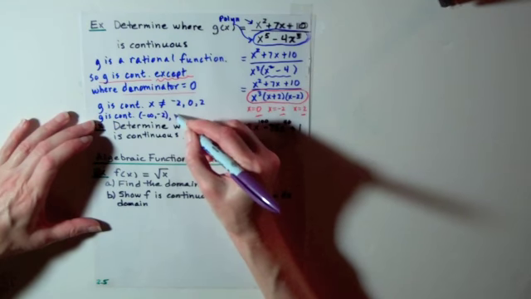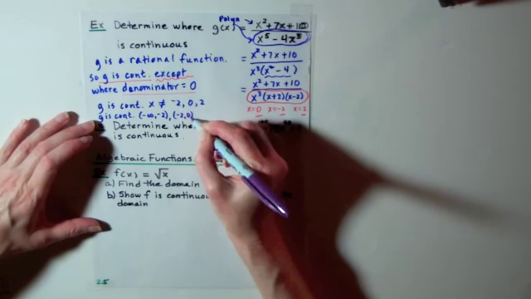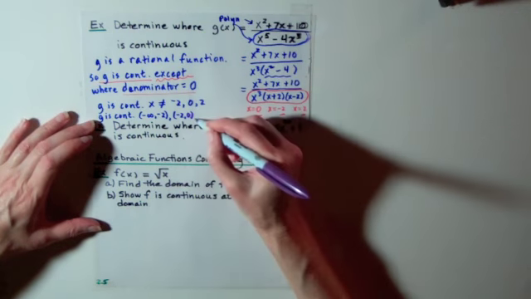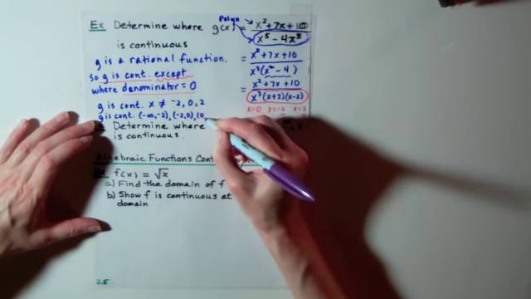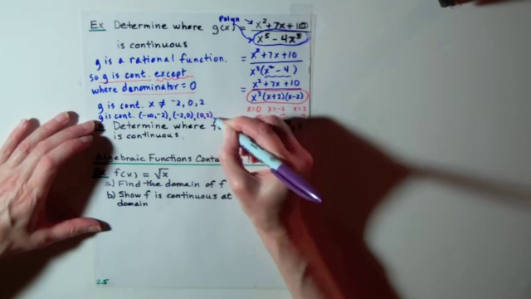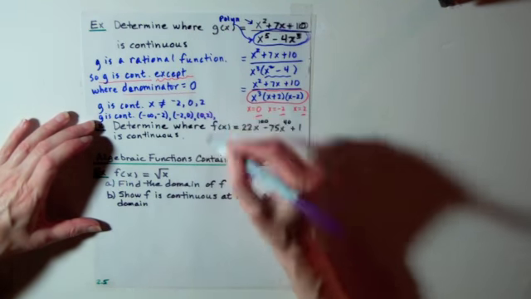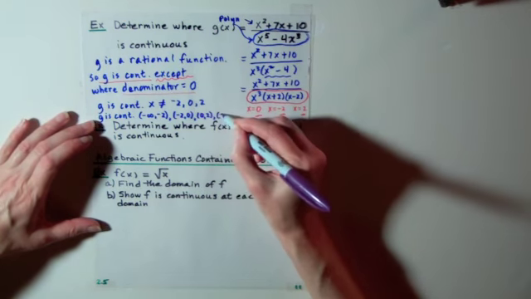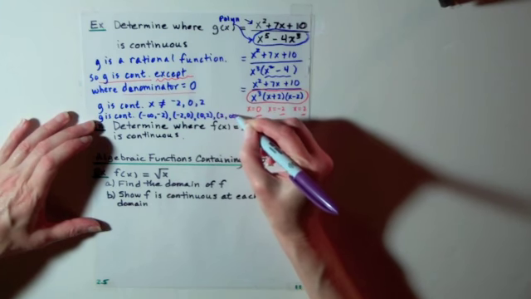And it is continuous from negative 2 up to 0, but not continuous at 0, so I would put a rounded parentheses there. It's continuous from 0 to 2, and again I put a rounded parentheses at 2 because I know it's discontinuous there, and then it's continuous from 2 to positive infinity.